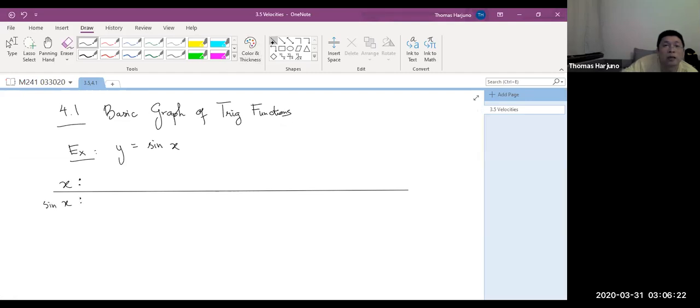So basically, when theta equals 0, when the angle is 0, what is sine 0? When the angle is 30 degrees, what is the value of sine 30 degrees? Anybody listening to me?